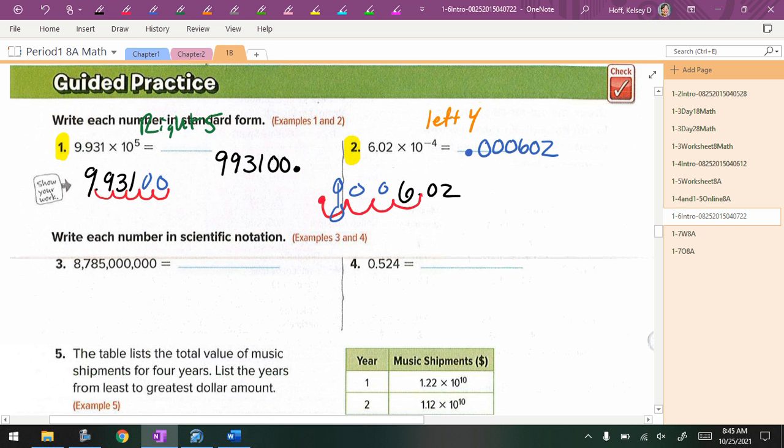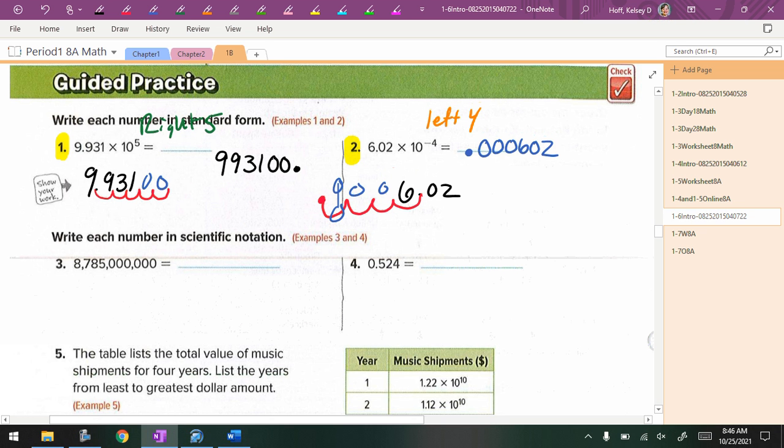Can you what? Sure. Yeah. Okay, turn to your elbow partner.